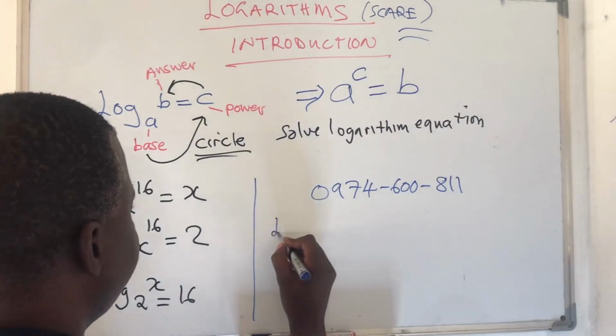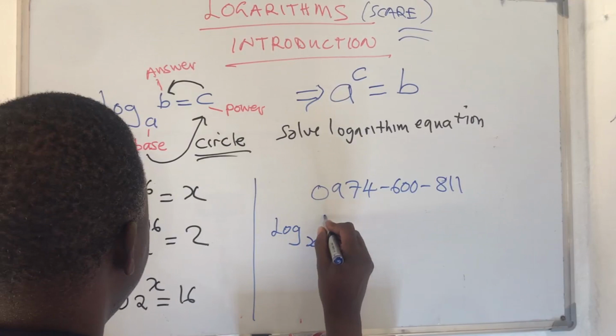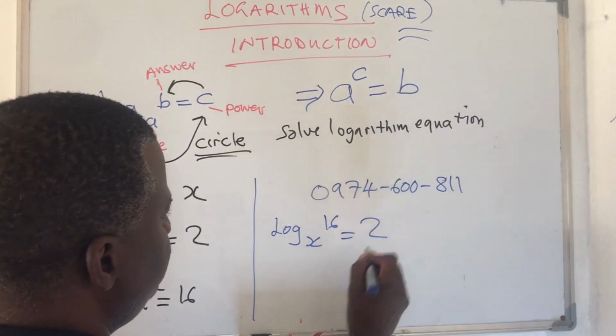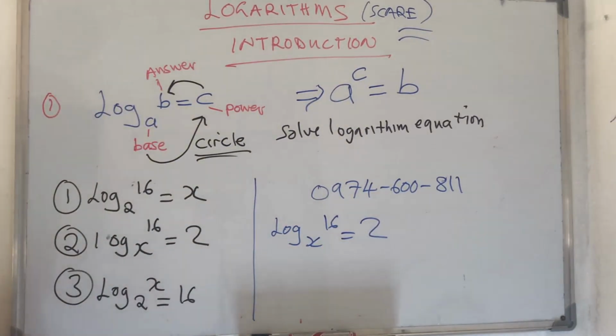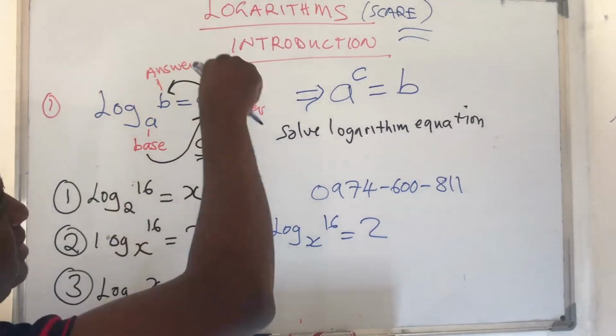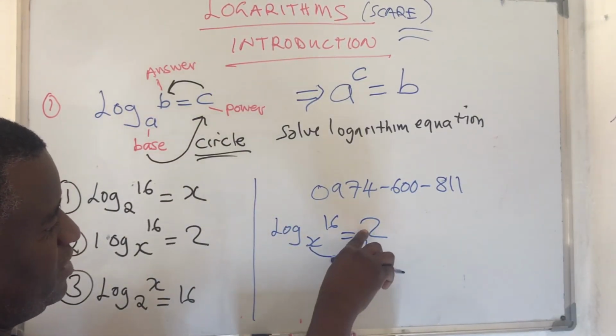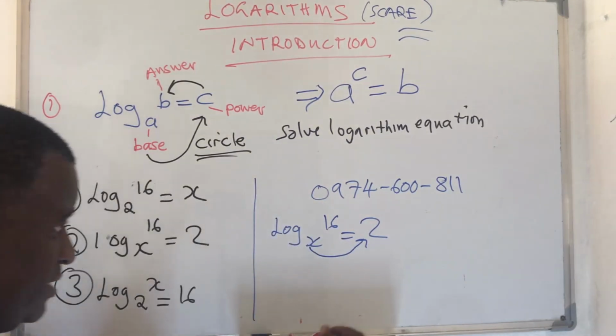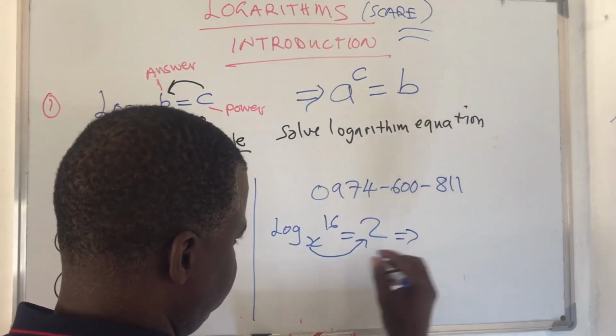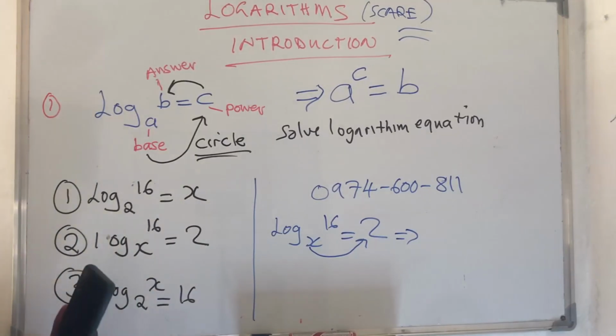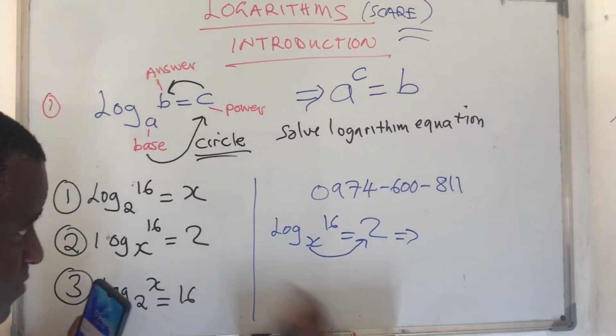Okay, now let us solve this one. So this one is log base x of 16 is equal to 2, isn't it? So you use the circle thing again. So the x will be raised to the power 2, which should be equal to 16. So you are going to change this into an exponential expression.